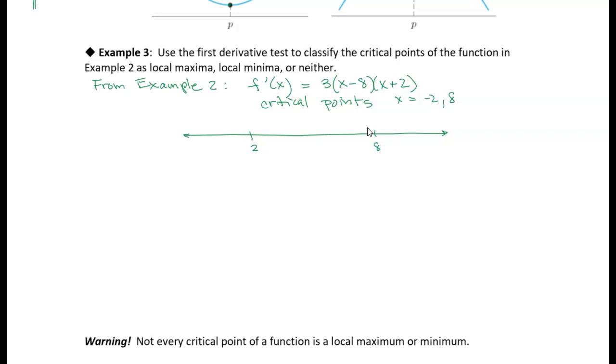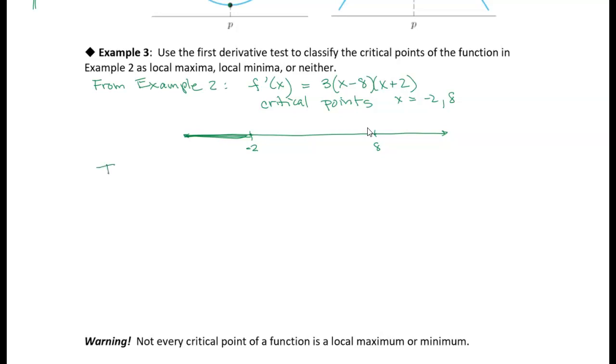Okay, now I want to know what's happening to the function around these critical points so that I can figure out whether it's a local maximum or a local minimum. So I'm going to test some points. So these are my critical points, and I'm going to start by looking at this interval right here, where x is less than negative 2.